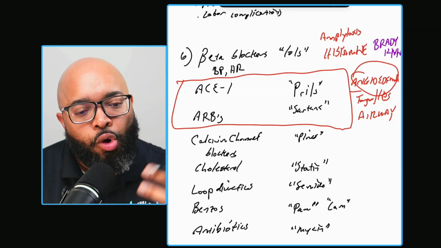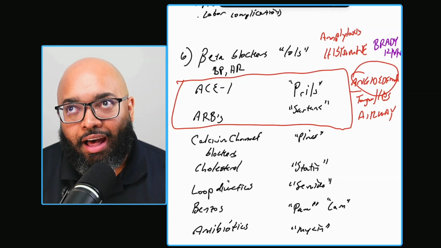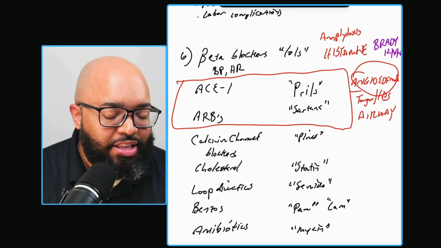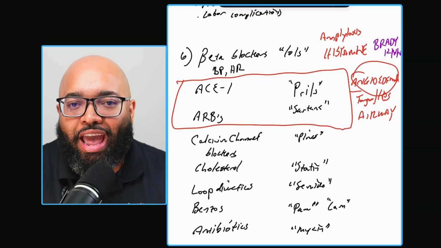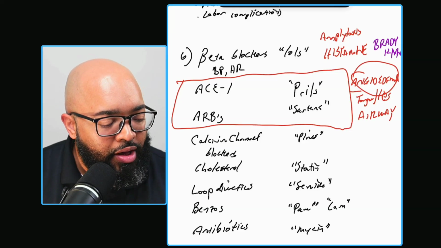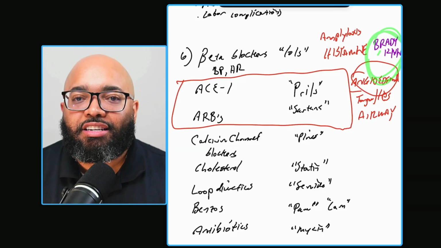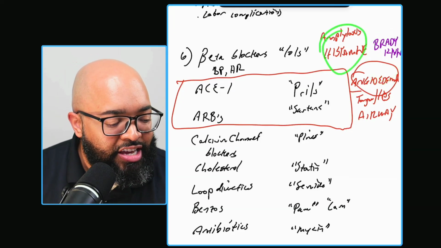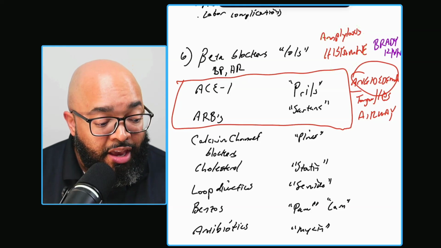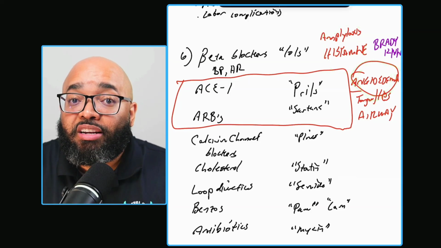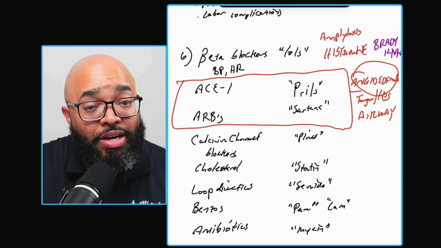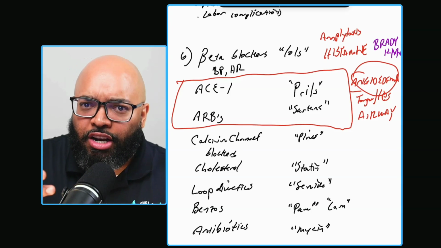There's a whole list of C1 esterase inhibitors that the hospital will give. You probably are not going to have those in EMS. Just know this situation needs a different set of drugs than that situation. Both can cause the tongue and the lips to swell, so you've got to get a good history to figure out, is this an allergic reaction?